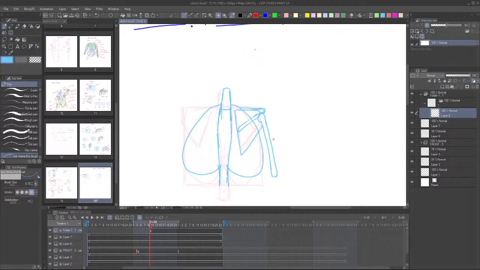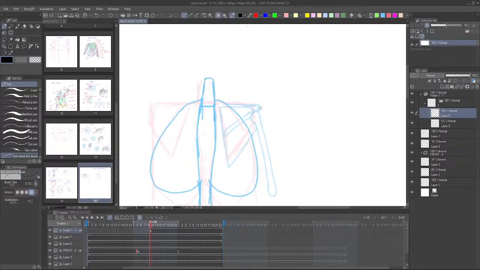So if we are drawing the deltoid, it will come from here, like this up to the half part of it.